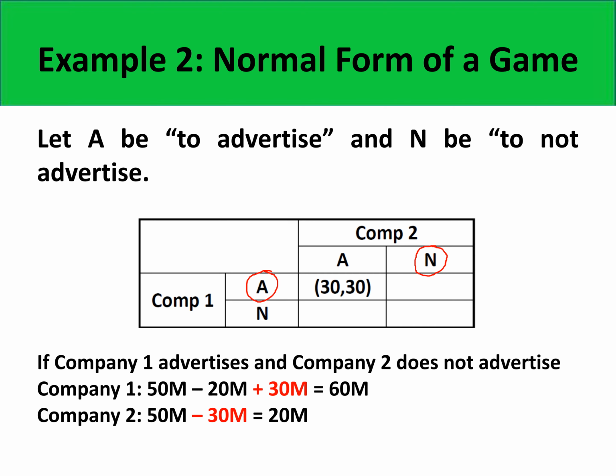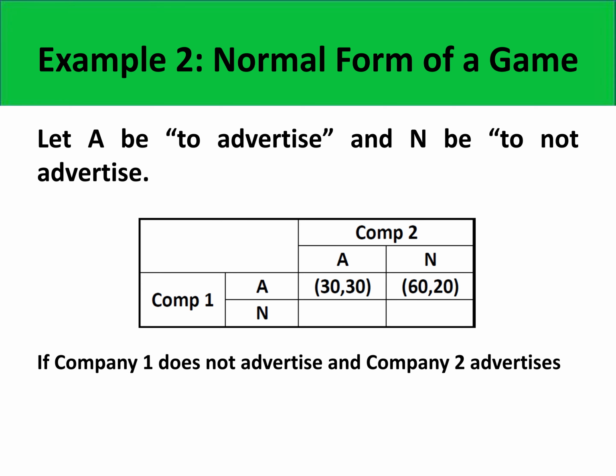Now for company 2, since they are not advertising, they won't lose 20 million pesos from advertising costs. However, since company 1 advertises and company 2 does not, company 2 loses 30 million pesos since it is captured by company number 1. So in this case, company 2 gets only 20 million pesos.